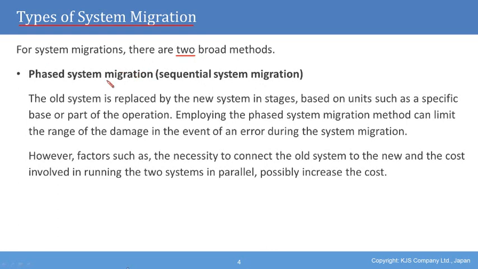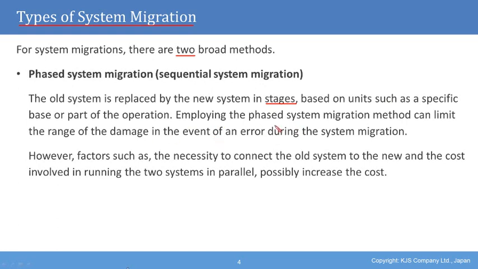The first method that we'll talk about is called the phased system migration. It's also known as the sequential system migration. The old system in this method is replaced by the new system in stages based on units such as a specific base or part of the operation. Employing the phased system migration method can limit the range of the damage in the event of an error during the system migration.